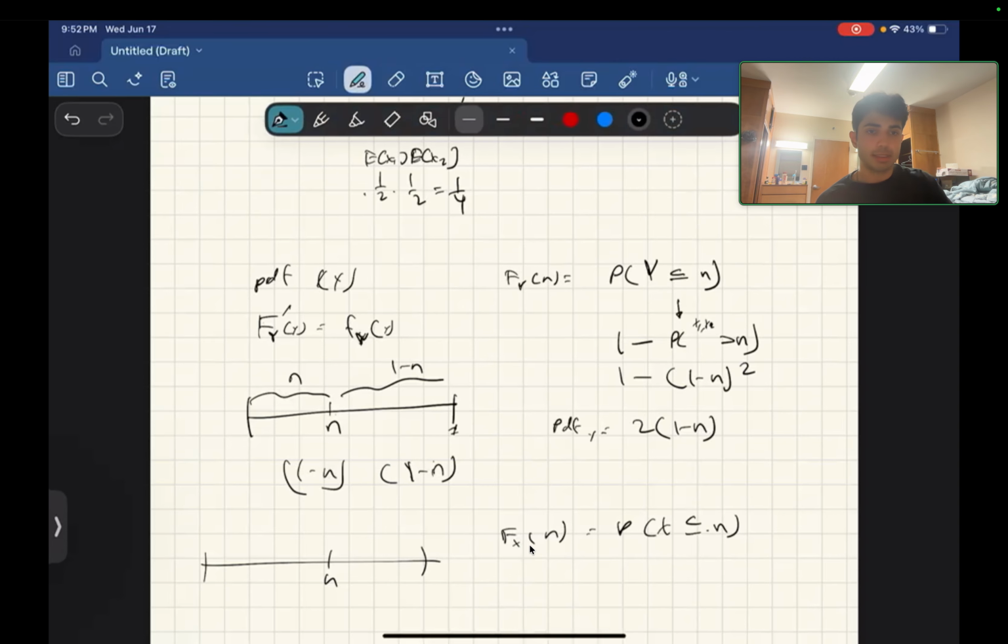Since this is the maximum, we're gonna find that more easily because, same thing, we're trying to find the maximum, and this has the same probability appearance.